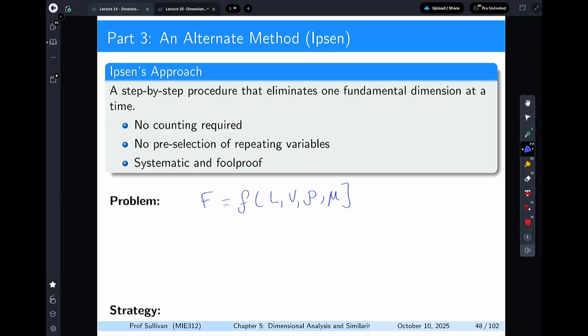And I put all of this together, I can just say this is MLT to the minus 2, this is LT to the minus 1, ML to the minus 3, M over LT. So I've written all of the same terms, and what I want to do is start to combine them and try to get rid of any expressions that I have somehow.